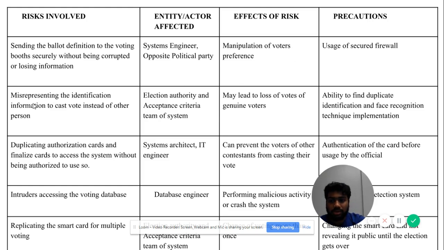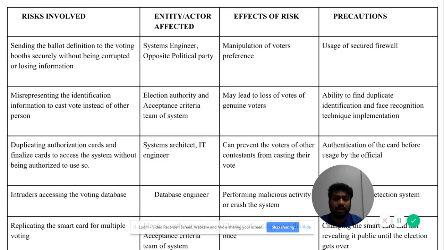So the second risk involved is misrepresenting the identification information to cast a vote instead of the other person. This could eventually lead to the loss of votes of genuine voters. The entity affected is the election authority, and in our case, the team we need to look at is the acceptance criteria team of the system.